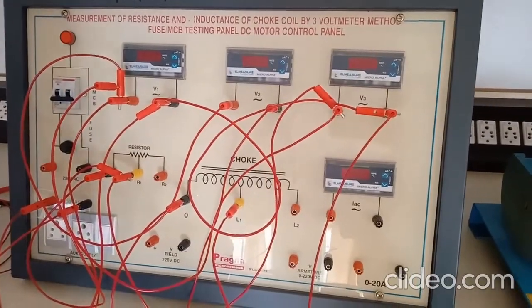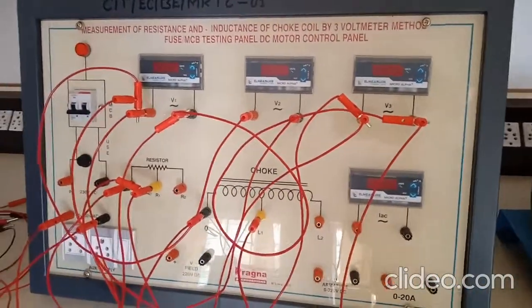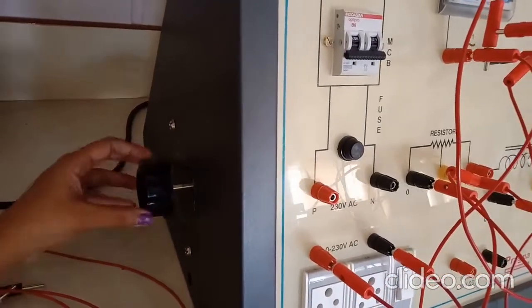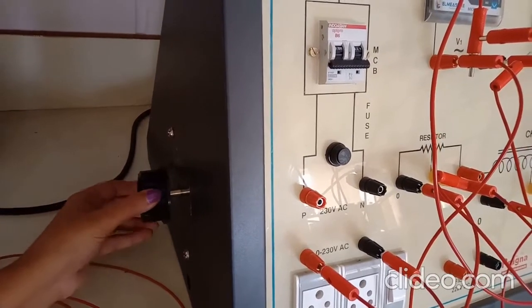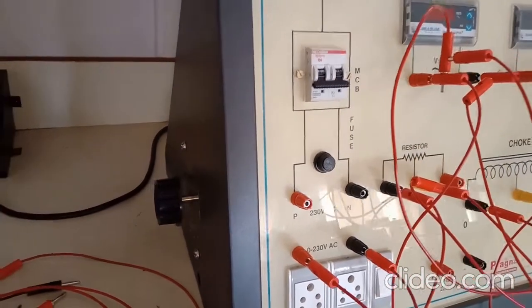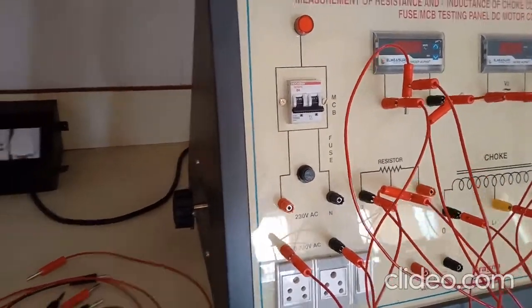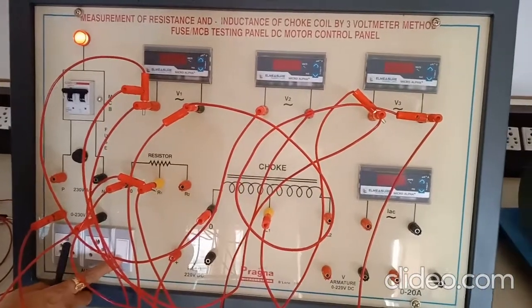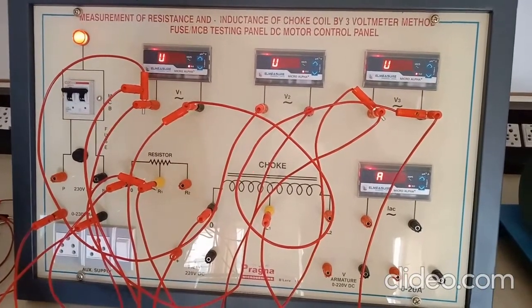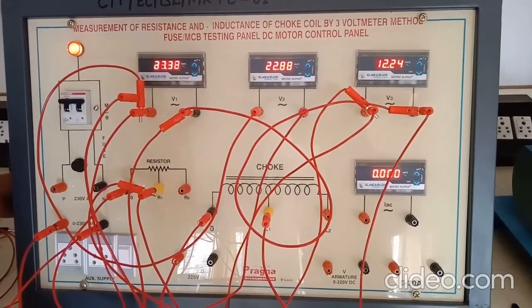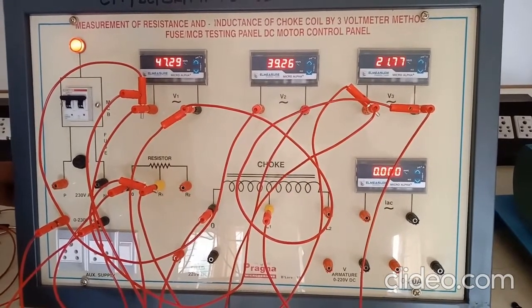After that, we have to set the knob here. There is a knob with an arrow mark. First we give 50, 100, 150, like that we have to take the readings. Now I am going to set the knob by rotating it.